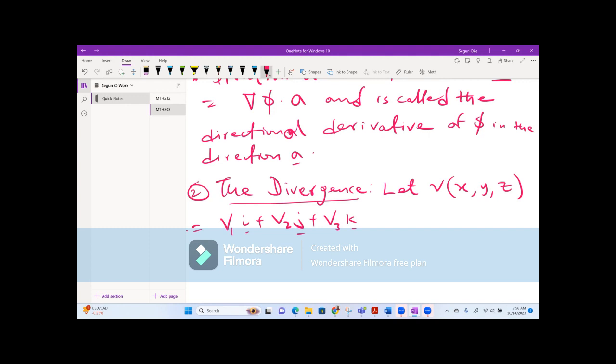That is, V is defined as a differentiable vector field.